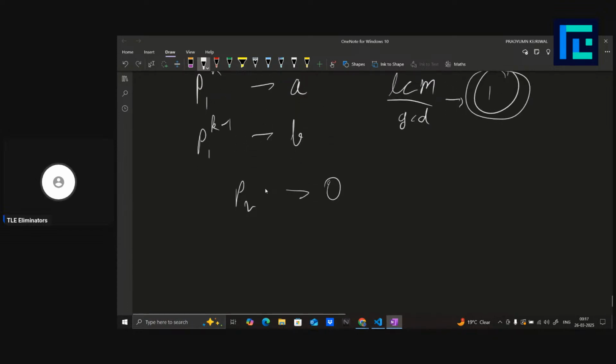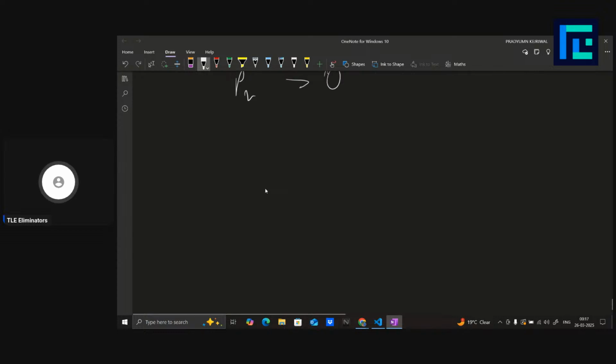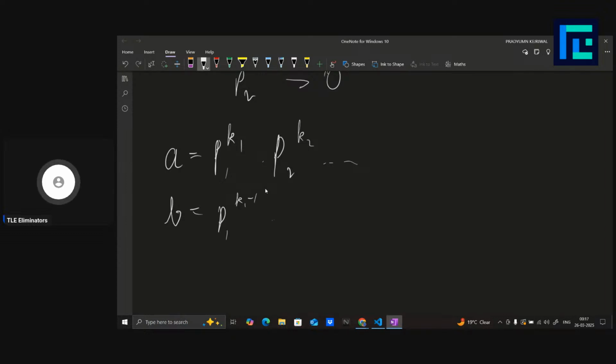So what we have till now is that we have p1 to the power k. If I write a, this is p1 to the power k1, p2 to the power k2, and so on, right? So in b, what I would like to have is that the power of p1 should be k1 minus 1, and all the other powers should be the same.